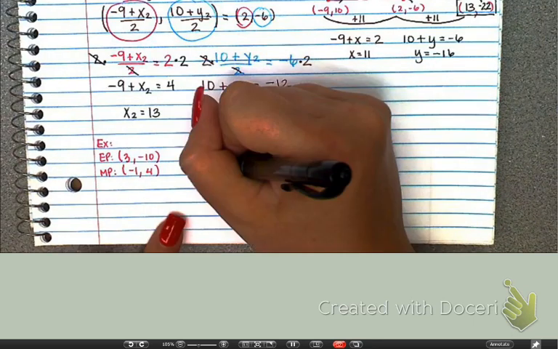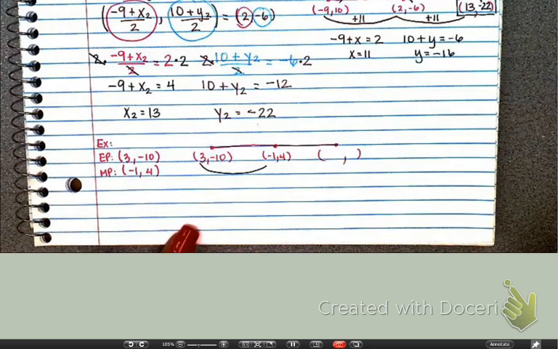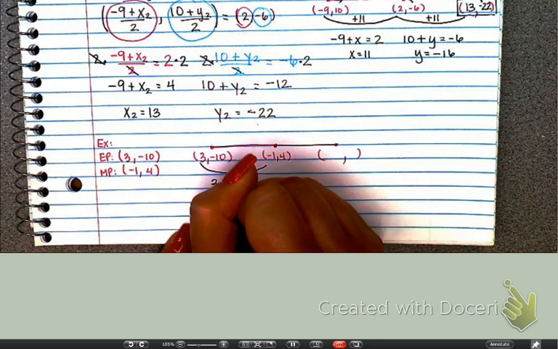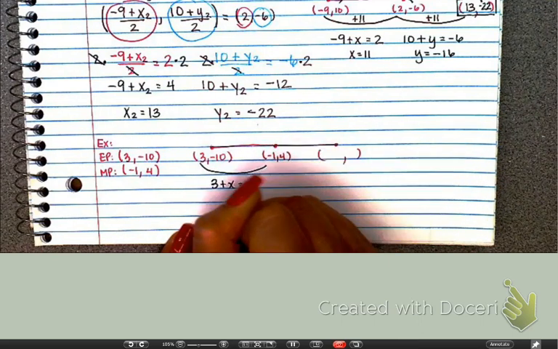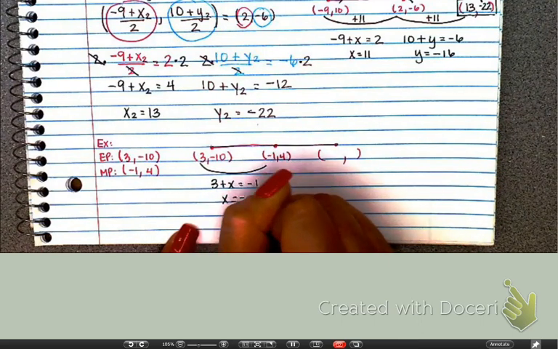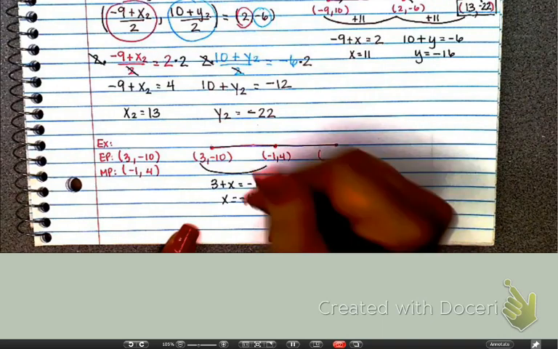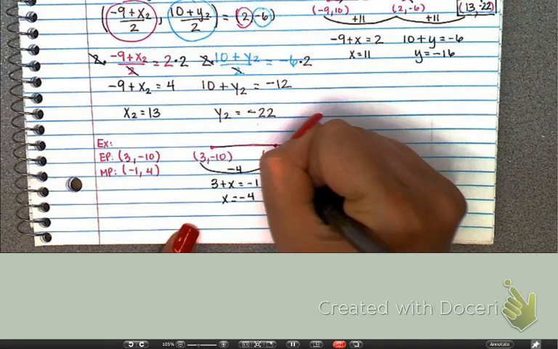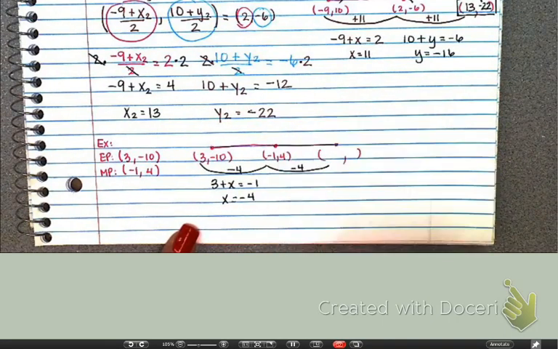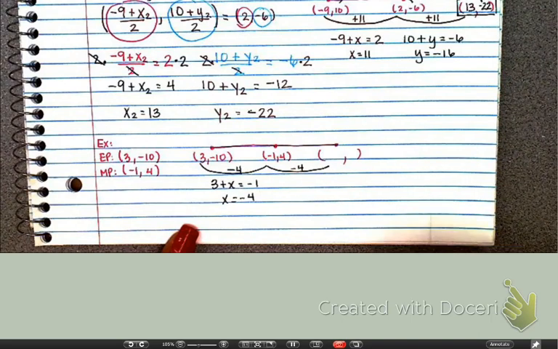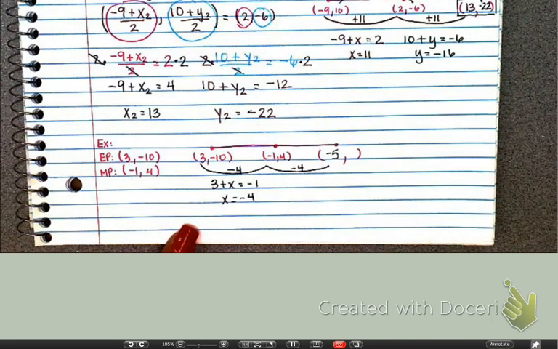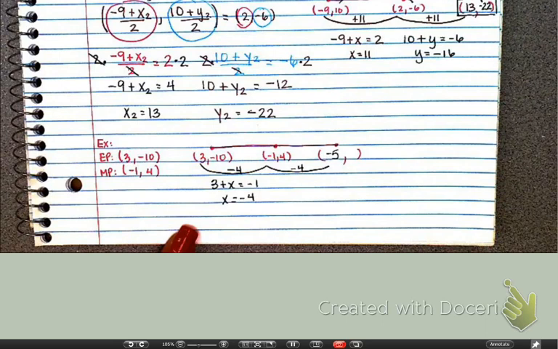So from 3 to negative 1, how many units away is that? Negative 4 units. So I subtract 4 units. You need to make sure you subtract 4 again. Negative 1 minus 4 is negative 5. Okay.